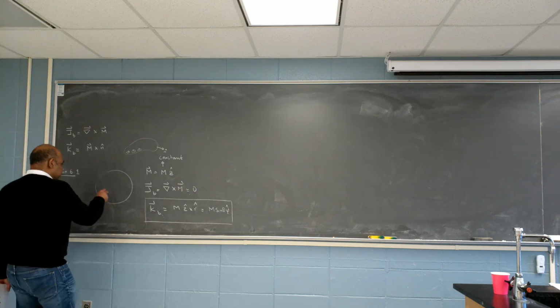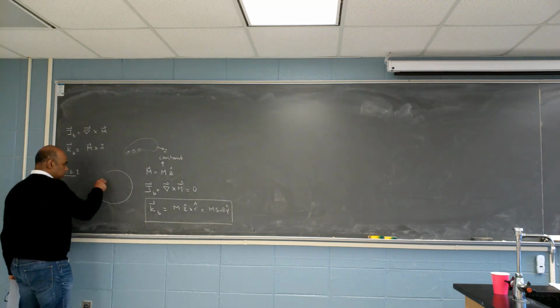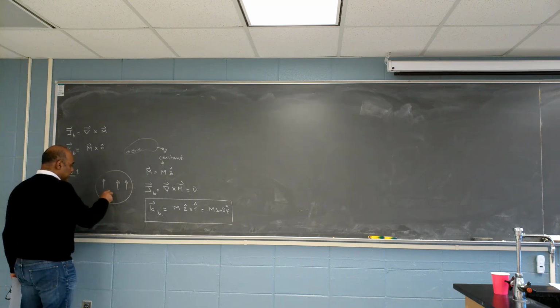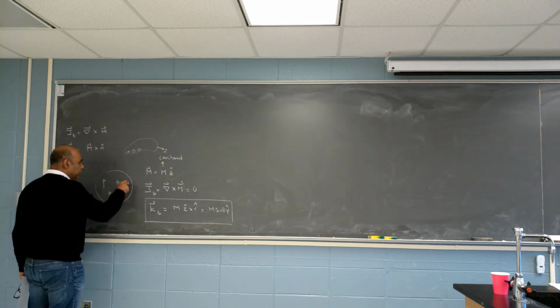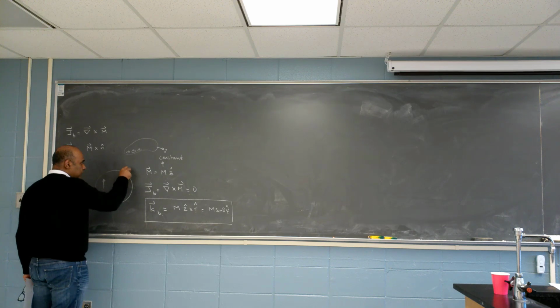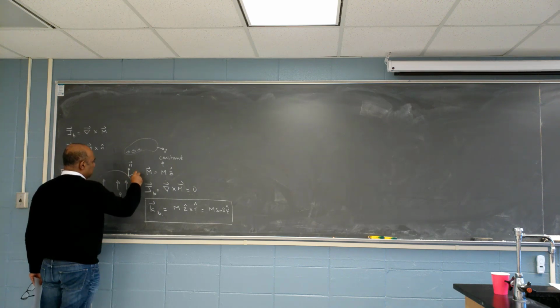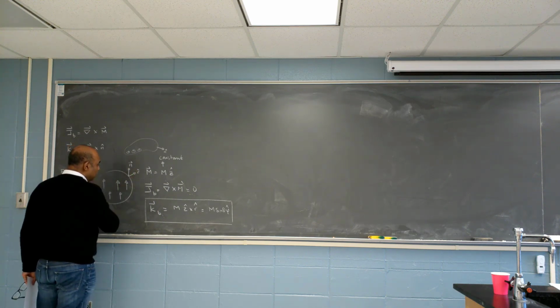I just want to make sure that this is clear to you, that there's no divergence, it's uniform. On the other hand, you have this is r-hat, the outward normal.